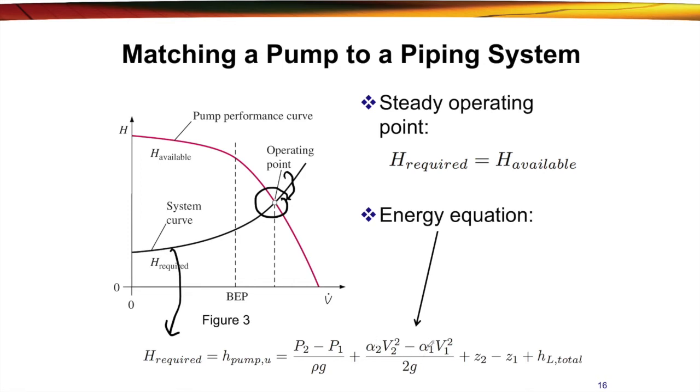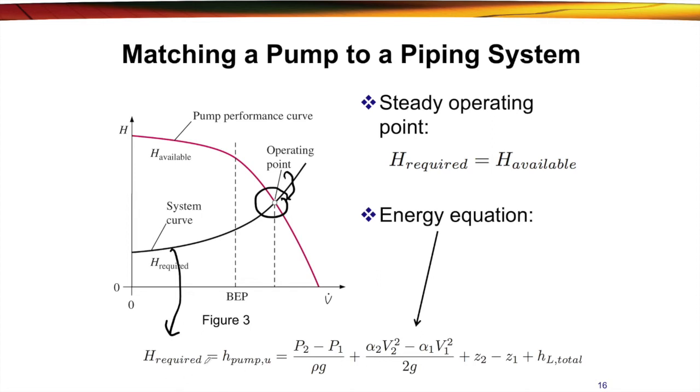If you refer to another book, this alpha represents whether the flow is laminar or turbulent. If it is turbulent flow, that alpha will be 1. So you do not have to worry. Please refer to the equation I wrote just before this for your calculation to determine the H pump.